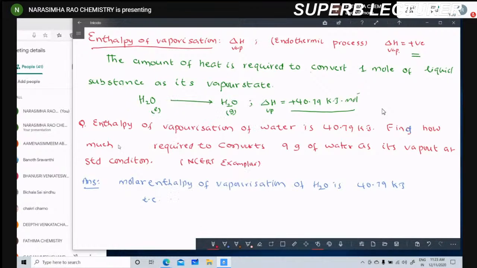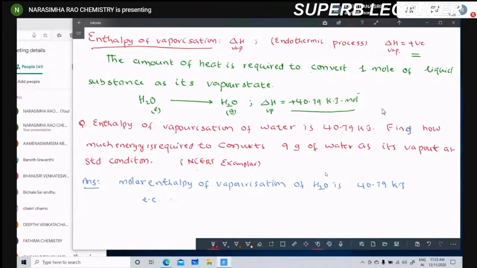How much energy is required to convert 9 grams of water to its vapor state at standard conditions?